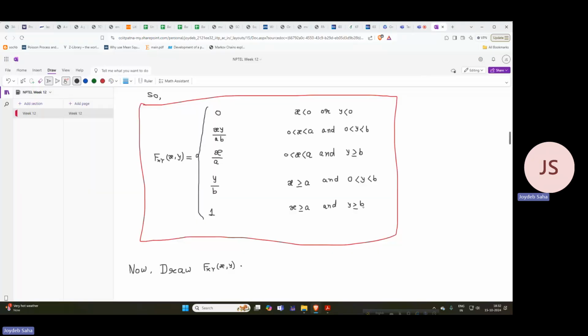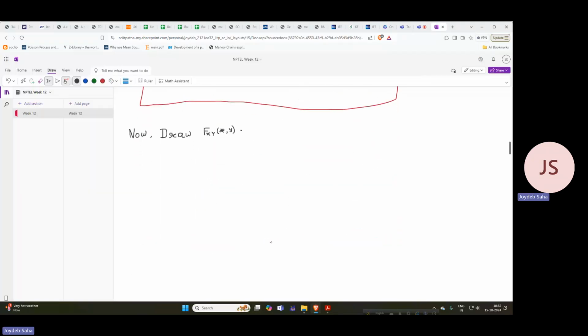So have you solved this? So let us try to solve, okay? And then you match your answer.